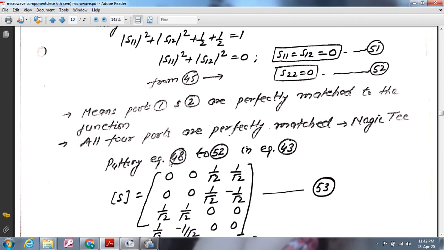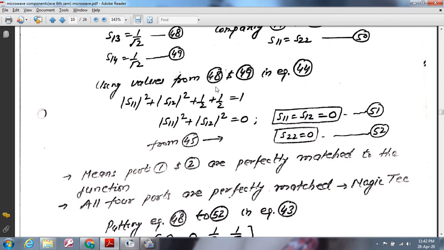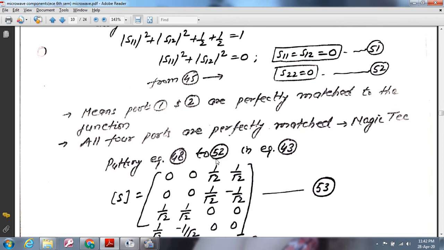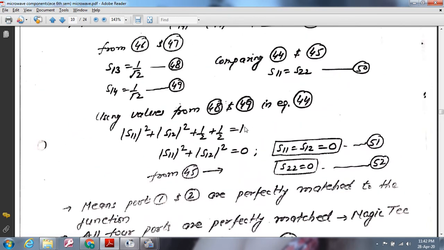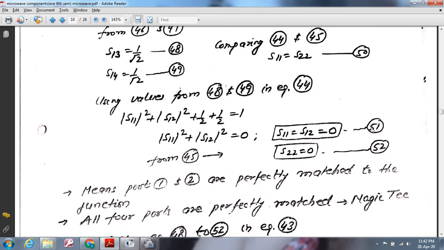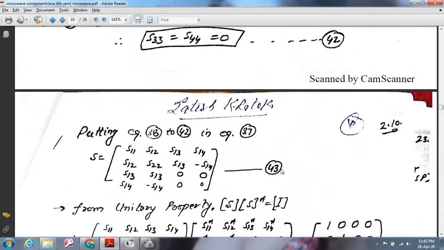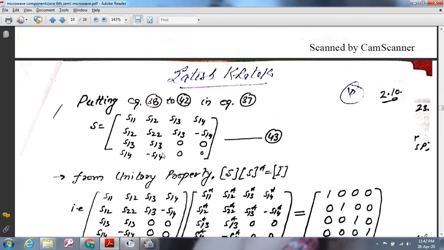Now we put equations 48 to 52 in equation 43, which was your general S matrix. We are going to put the values which we have calculated from these equations in equation number 43.